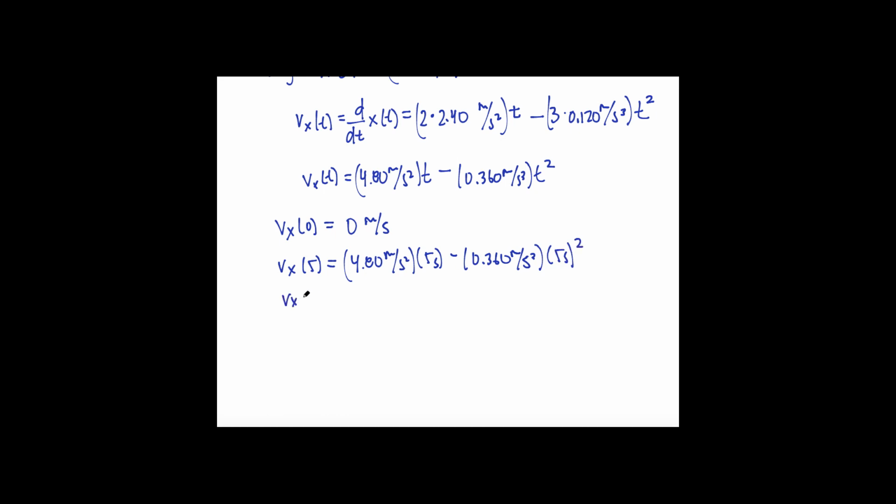So at 5 seconds, my instantaneous velocity will be 4.8 times 5 minus 0.36 times the square of 5, which is 25. My instantaneous velocity should work out to be 15 meters per second. Go ahead and box my answers as I go here.